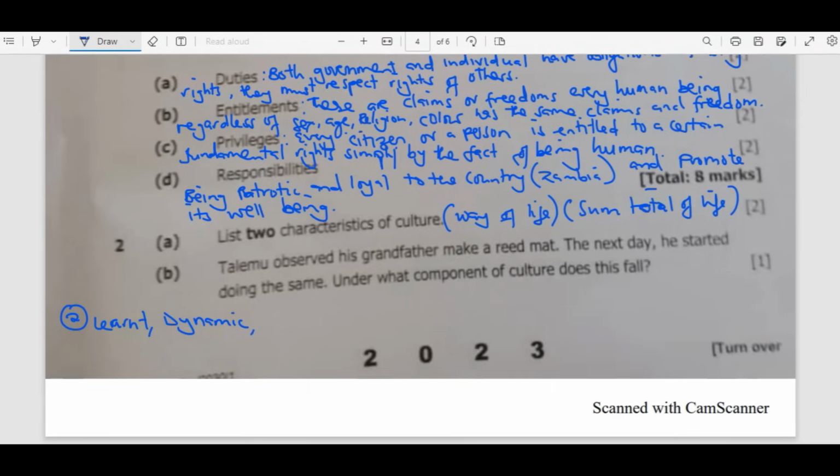And then cumulative, that is also a characteristic of culture. And then comprehensive, that is another characteristic.